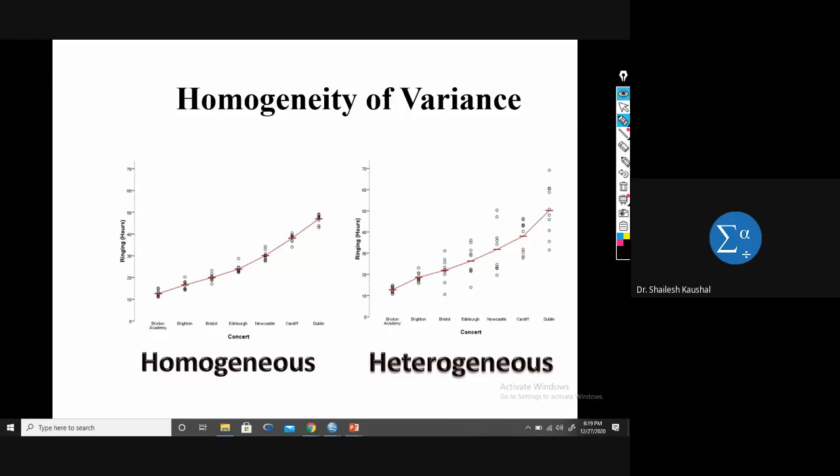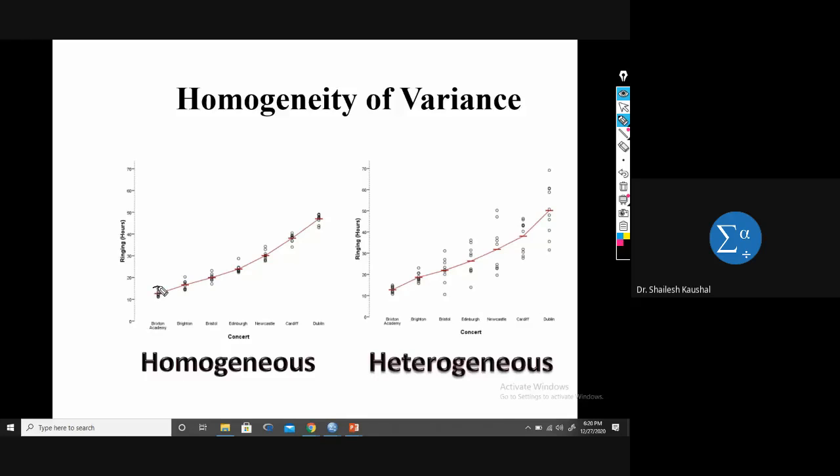Now I can explain it again. This is the range.